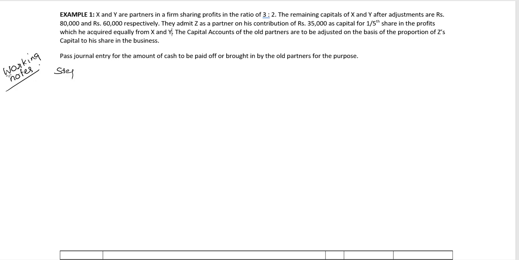Step 1 is to get the total capital of the new firm.